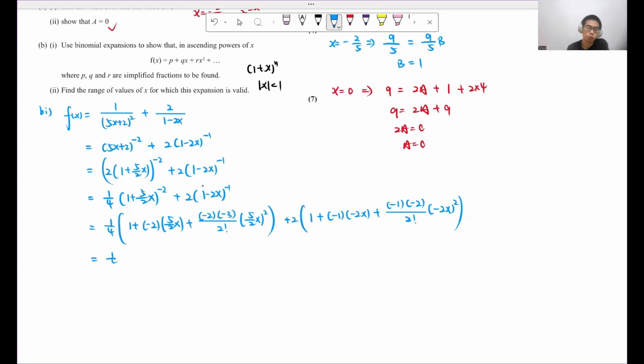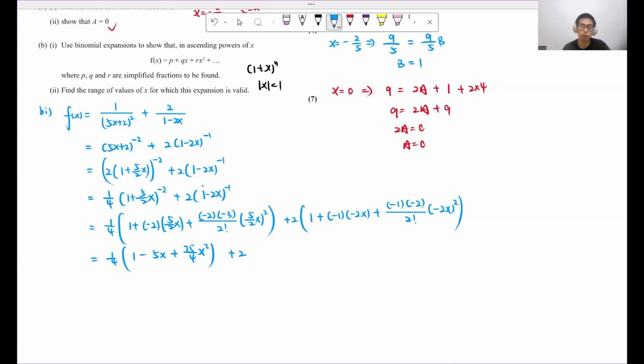So we have 1/4, and then 1 minus 5x, because 2 times 5/2 becomes just 5, and it's negative, so negative 5x. And then for the next one, just put in the calculator, negative 2 times negative 3 over 2 factorial, and then just treat x as 1, so times (5/2) squared, and that'll be 75/4 x squared.